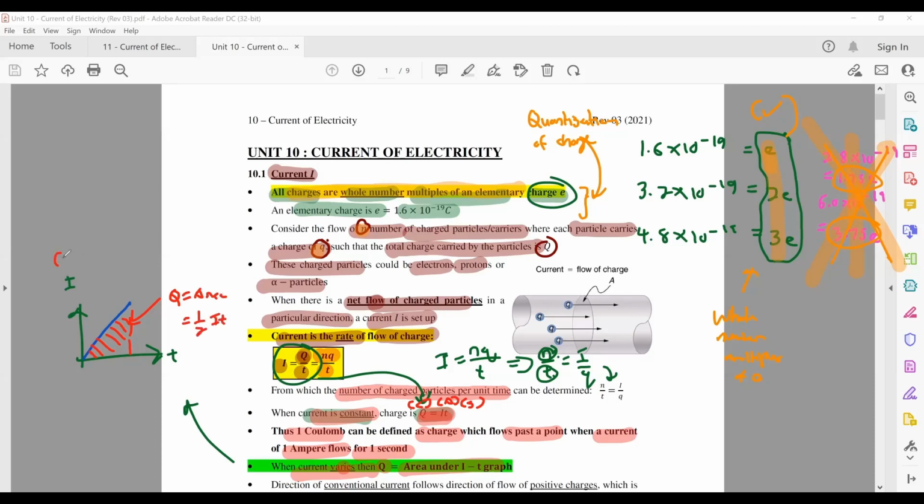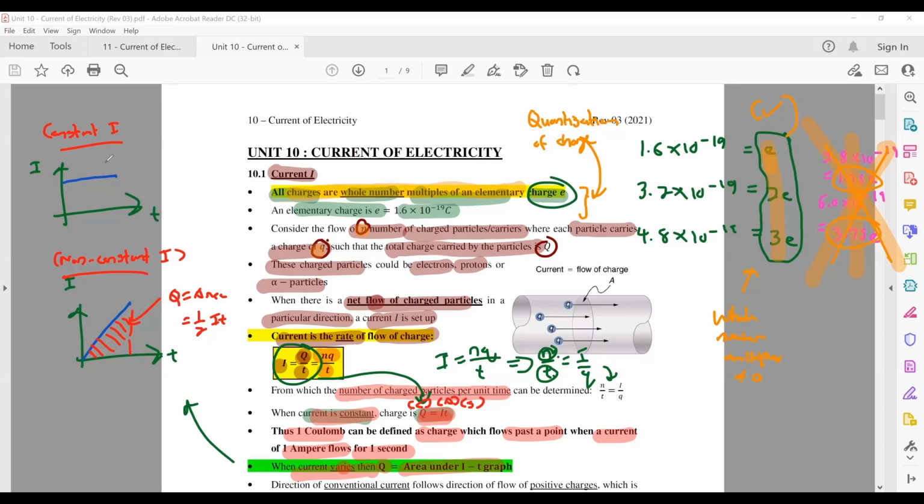This one is non-constant current. All right, if you have constant current, you get something like this, I versus t. Constant current would mean something like this.